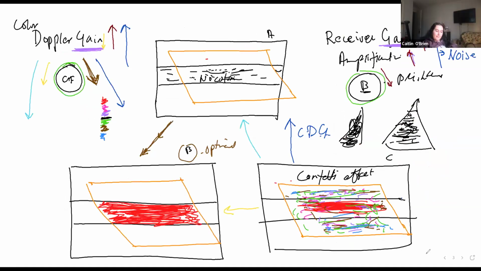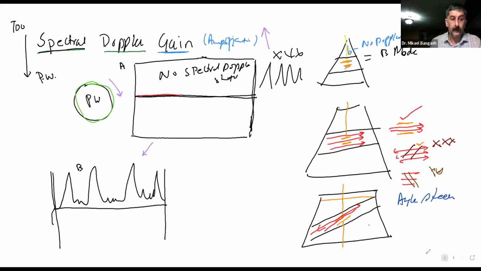Good. Clear? So, would it be possible to increase the Doppler gain too much? Yes. And what do we get?